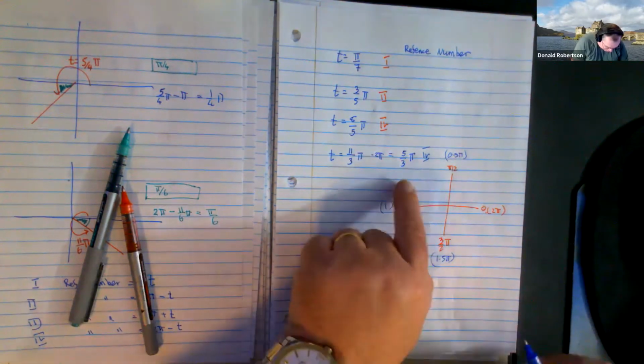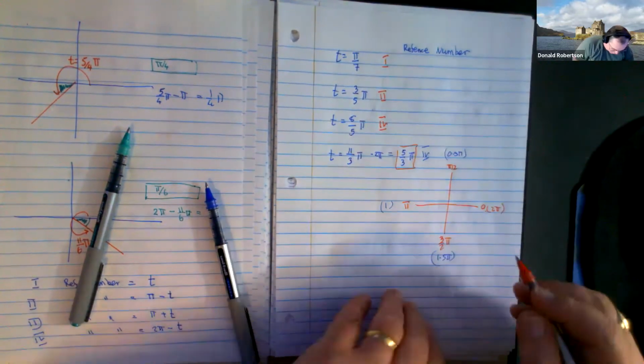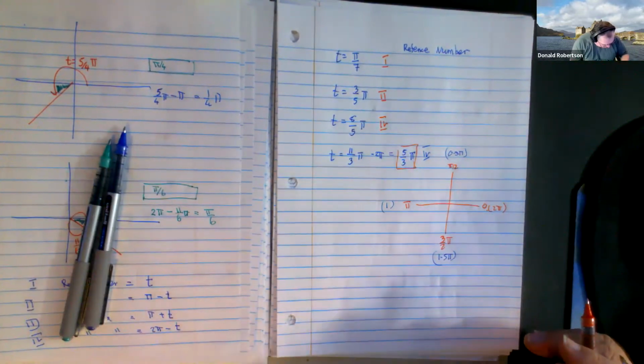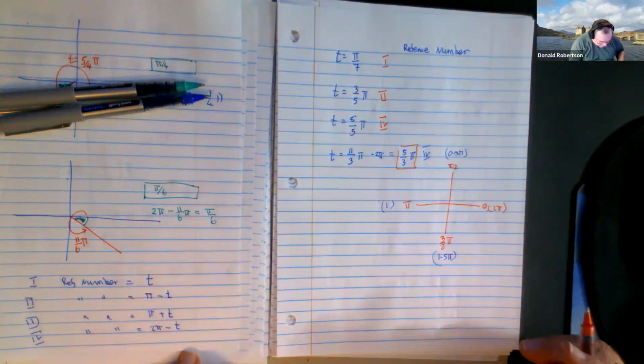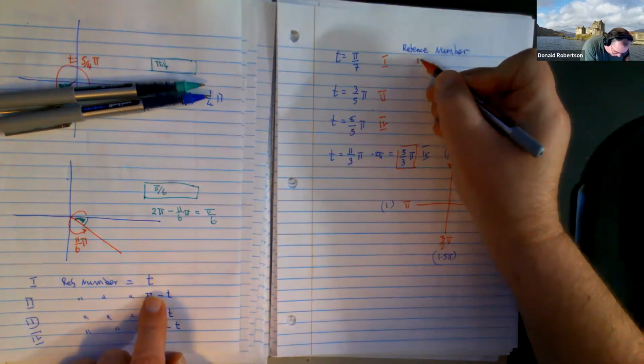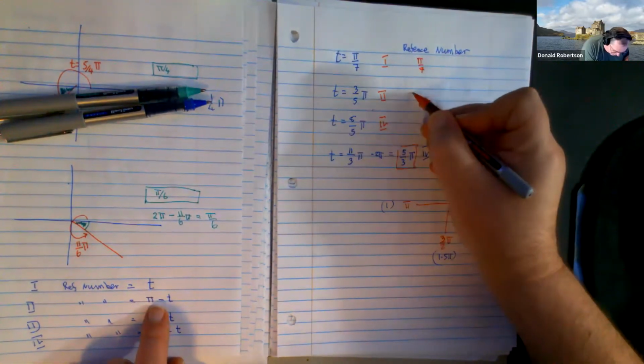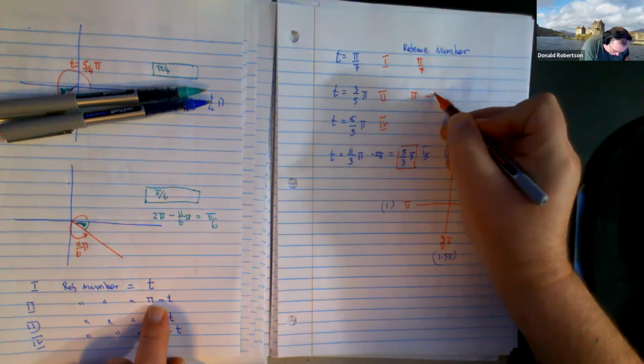Now, once you've got these guys, when you want the reference angle, don't you then have to kick in with one of these formulas? So if you're in the first quadrant, won't the reference be the same guy that you started with? If you're in the second quadrant, it's pi take away t.